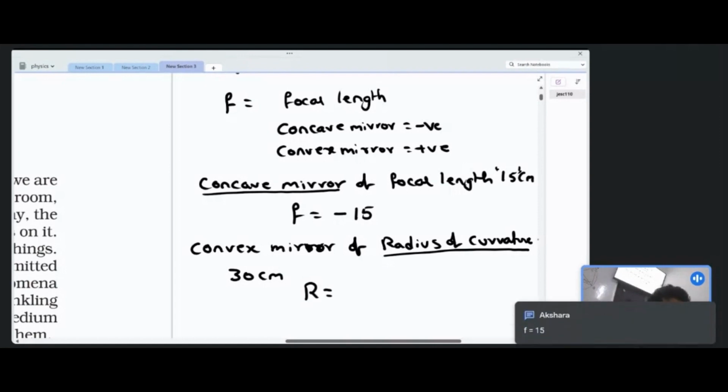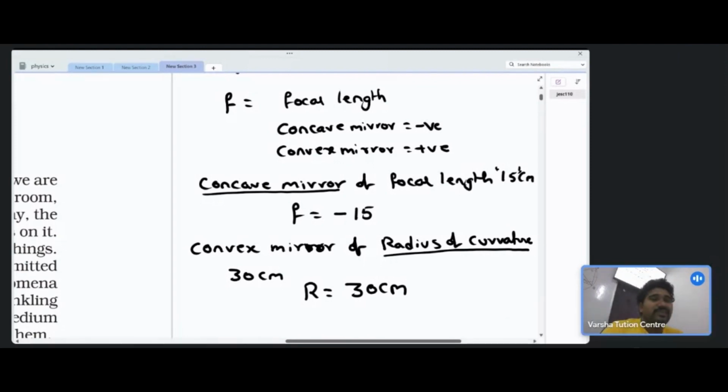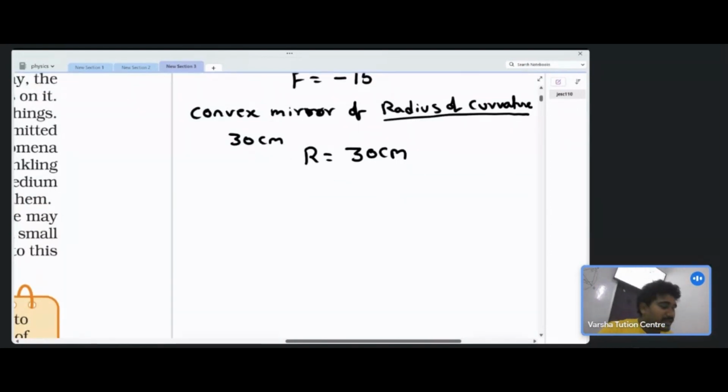What is the R value? 30 centimeter, but I need the focal length for solving the problem. So how do I write the focal length? Sir, we have one relation: focal length f is equal to radius of curvature divided by 2, half of the radius of curvature, which means how much it will become? 30 divided by 2, which is 15.